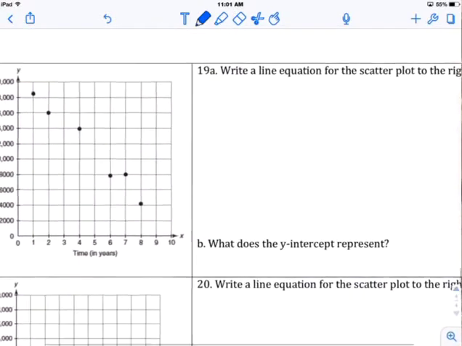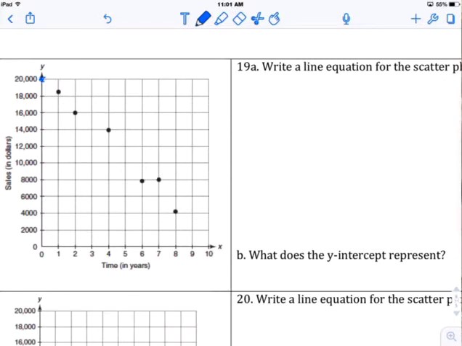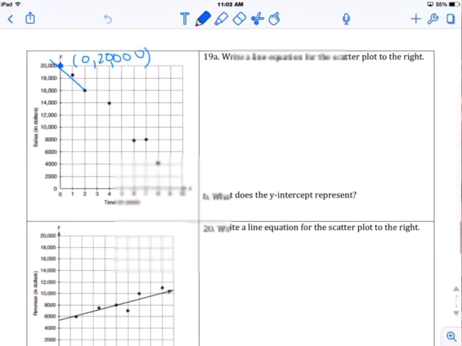Okay, here you can easily use the y-intercept, 0 and 20,000, as one of the ordered pairs. Oops, that's not going through it. Uh-oh, sorry.